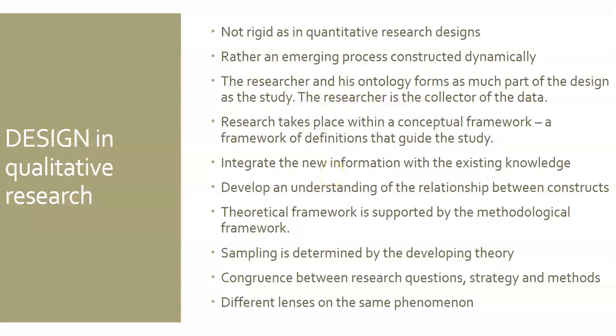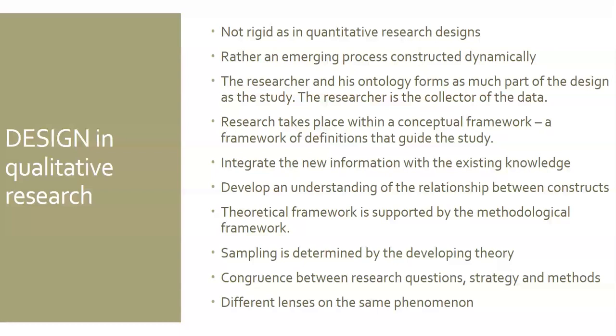Sampling is also determined by your developing theory or your paradigm, your position, the size of the sample, the kind of choice, how you're going to select the sample. All of that depends on the nature of your study. So in qualitative research, just like in quant, there must be congruence between your research questions, your strategy, and your methods.